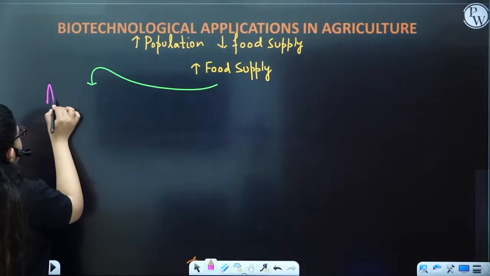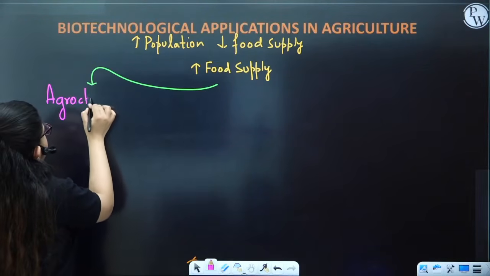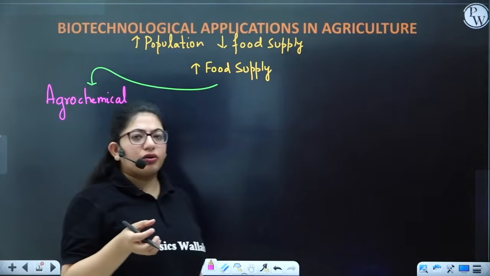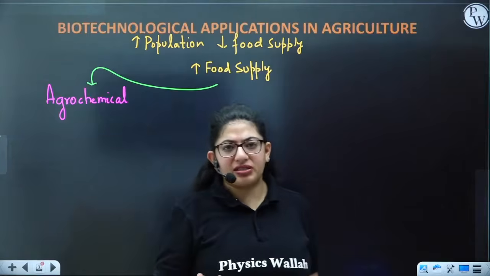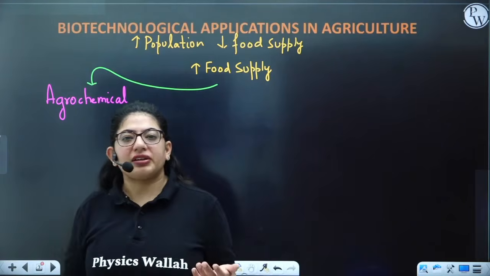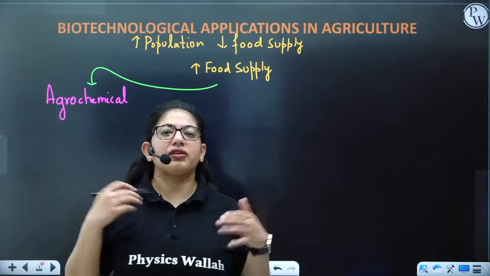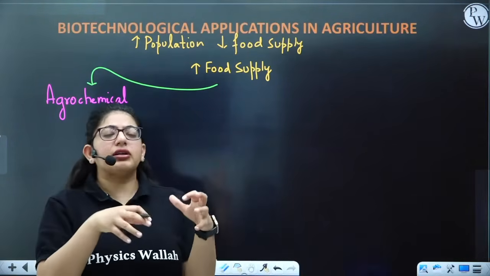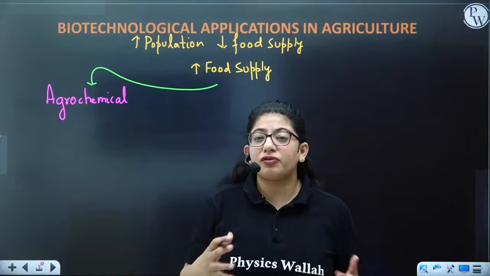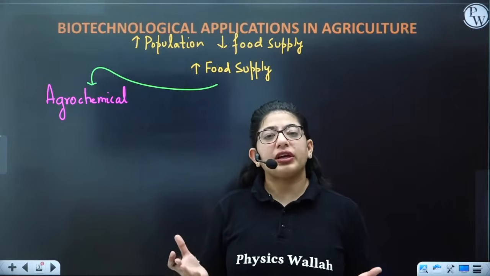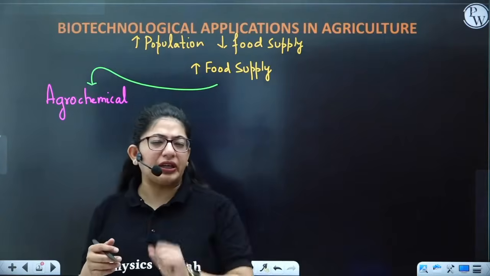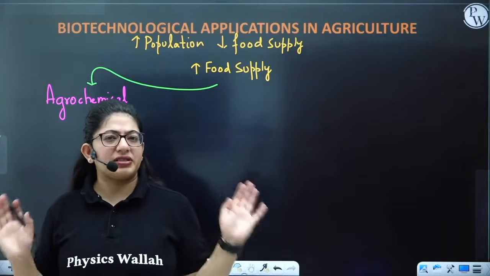That means we can pour a lot of chemicals on our crops, like pesticide, insecticide, fertilizer. If the soil is not fertile, put the fertilizer. If there are a lot of insects that are eating the plant and that's why the plants are dying and food supply is decreasing, you can put some insecticide. But again, these chemicals are so harmful to our body as well as to the environment, right? Also, these are very expensive for a farmer. So what do you think? Is this good? From my side, it's a big no, right?